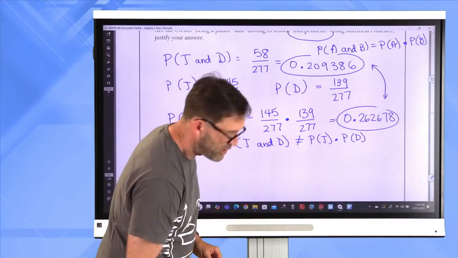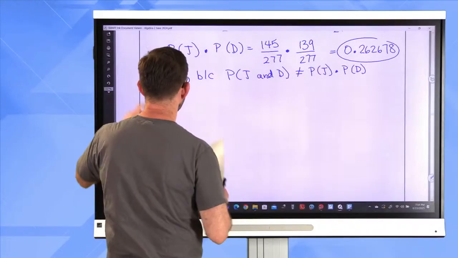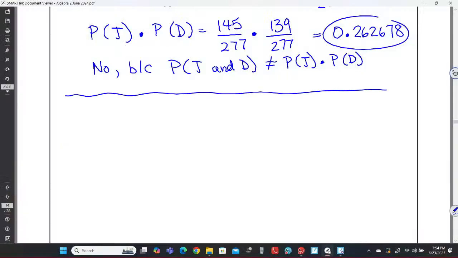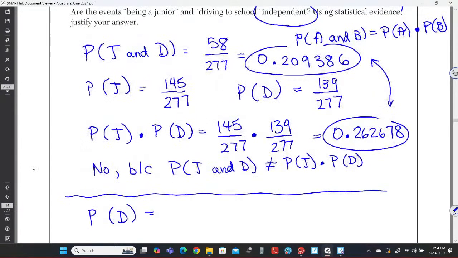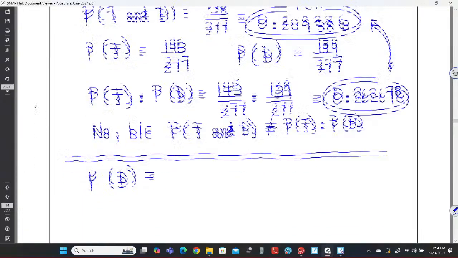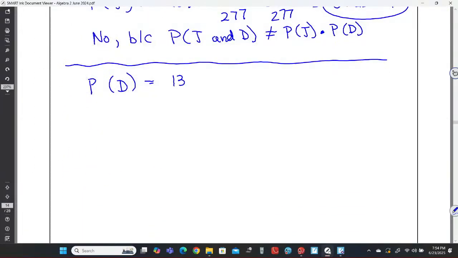So that's another way to do it. So just really quick, another way to do it is to figure out the probability that one drives to school, and we kind of already have that. That is 139 out of 277, and that's 0.501805.